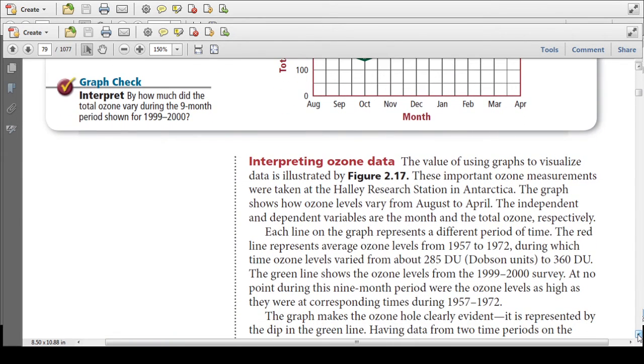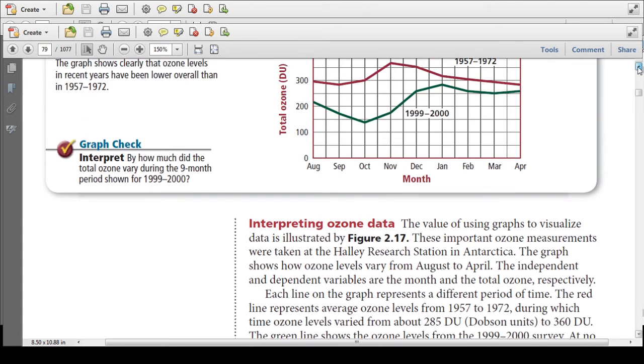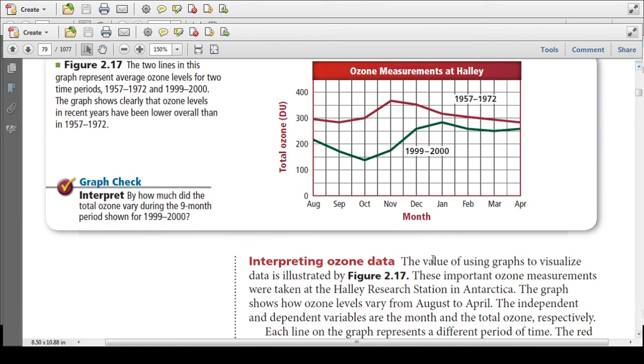Interpreting ozone data. The value of using graphs to visualize data is illustrated in the figure above. Right. If we look at ozone measurements, I guess these are values that are averaged between these years in the red line, and these values averaged between these years.